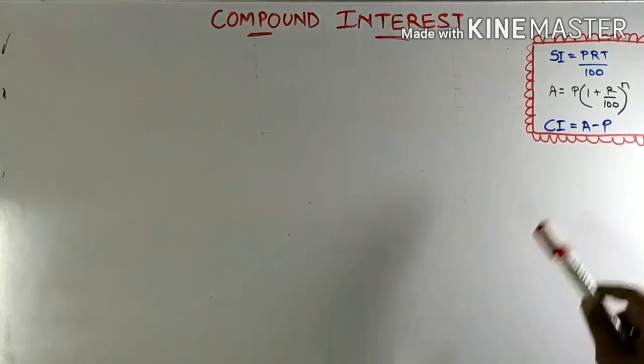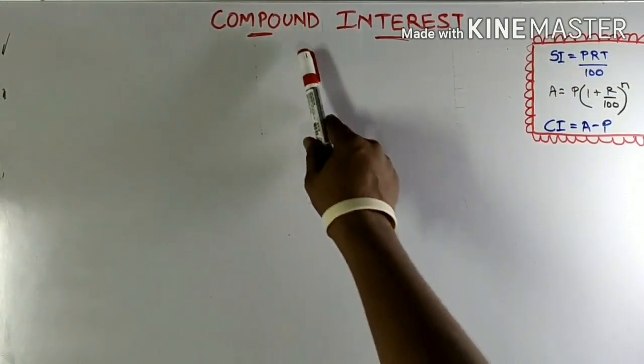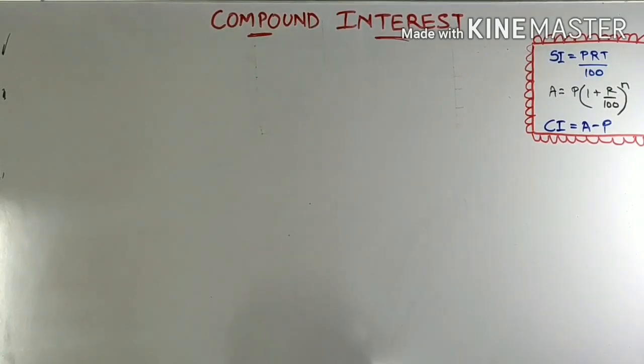So this formula makes our life easy in the topic compound interest. It reduces our problem solving time to a great extent. Now let's begin solving the problems.